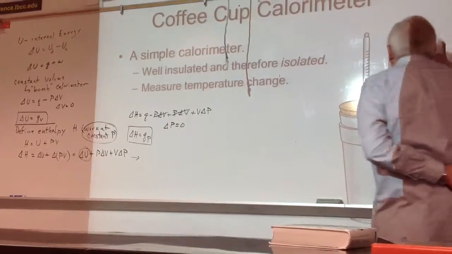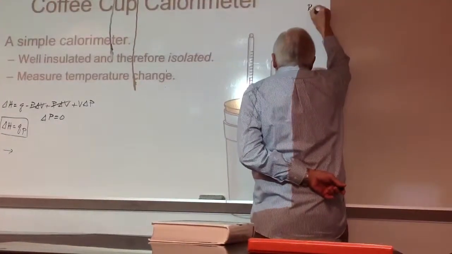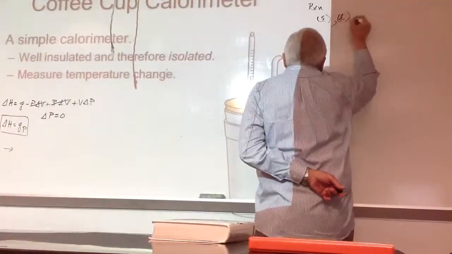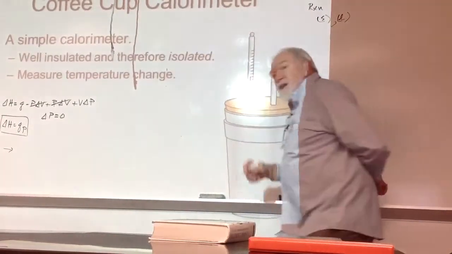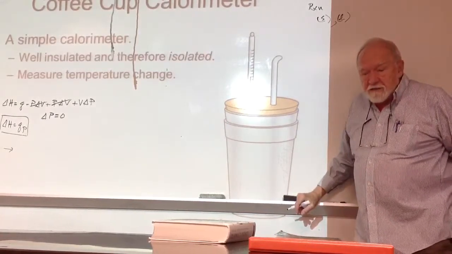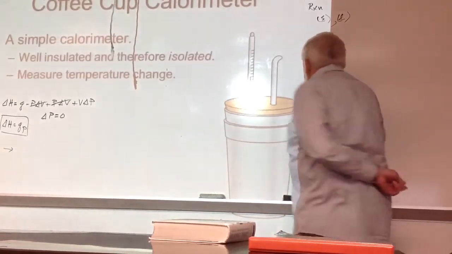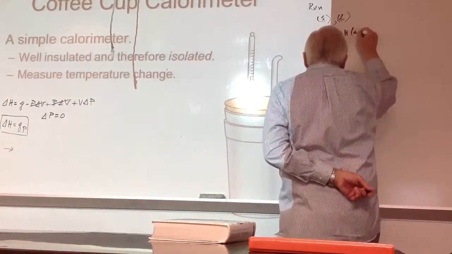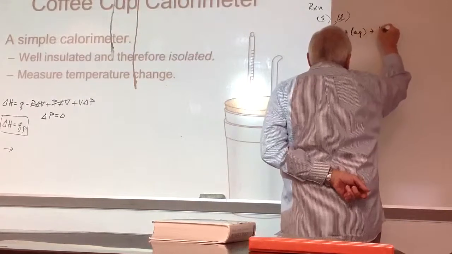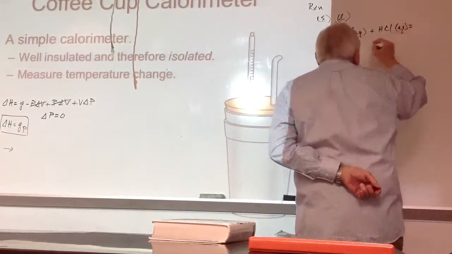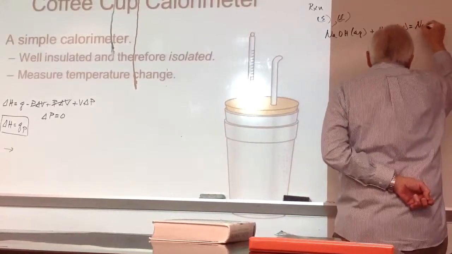What's the difference between delta H and delta U, besides the fact that you're measuring constant pressure and constant volume? Well, if I have reactions which only have solids and liquids in them, for instance, I dissolve NaOH, I dissolve HCl, makes a solution of sodium chloride.